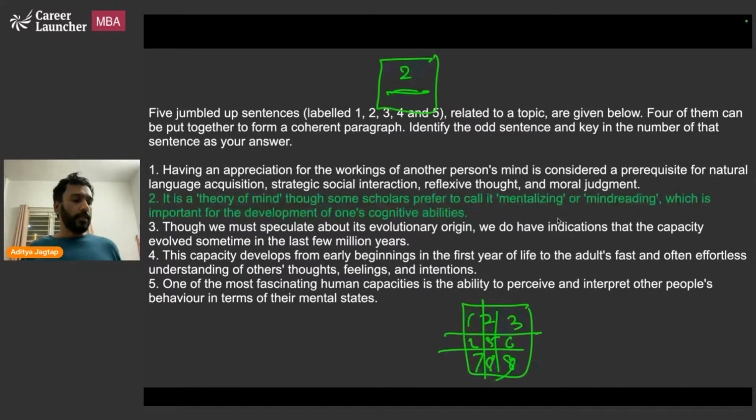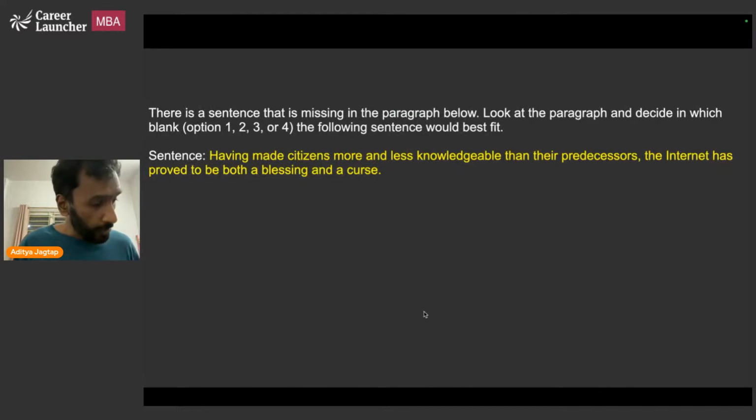All right. Now we're already beyond time, but I hope this is of some value. So let me just go ahead and extend the time for the class, and let's try and solve this last question. There is a sentence that is missing in the paragraph below. Look at the paragraph, decide in which option blank the following sentence would best fit.